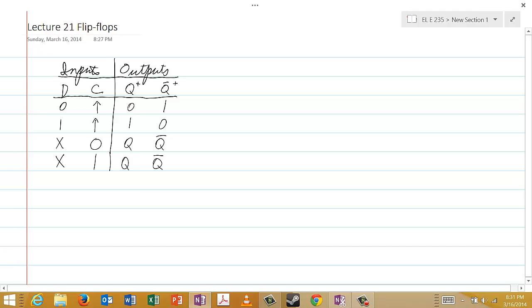I'll explain this input-output table in just a moment, but let's go ahead and look at the symbol for the positive edge triggered D flip-flop. There are two frequently encountered symbols for this device.